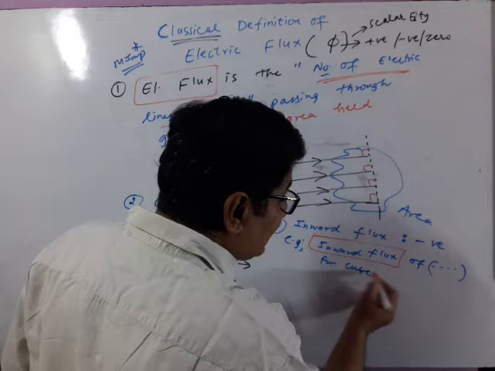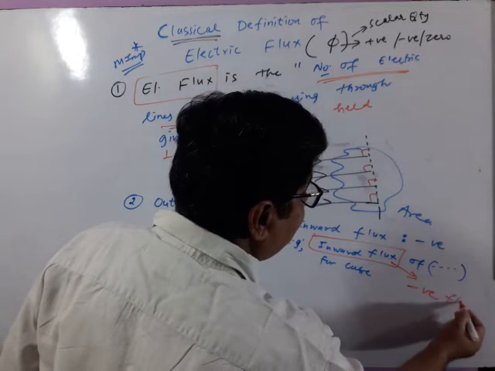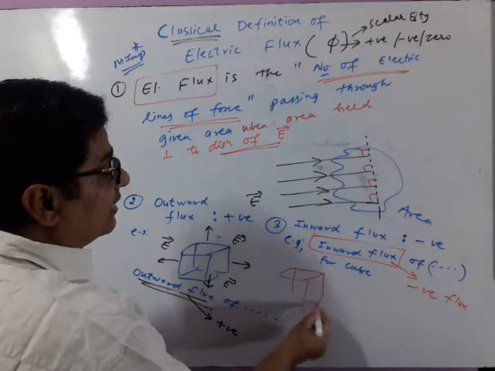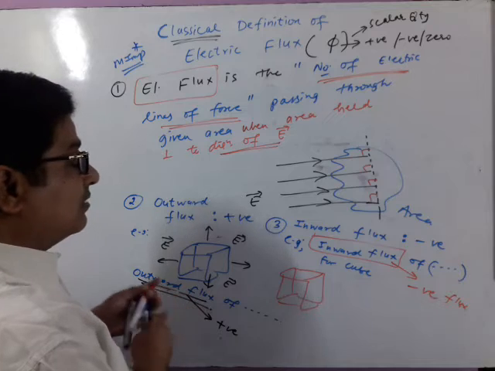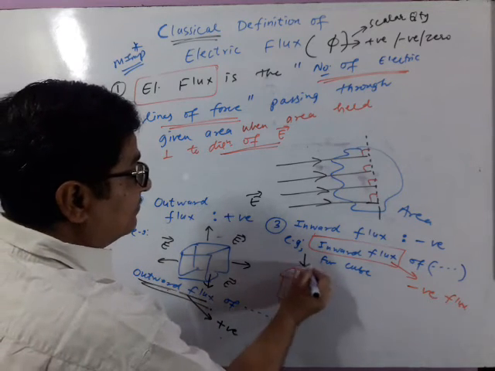So for inward flux, you will have to take negative flux. It is like the electric field entering into the cube, like this.